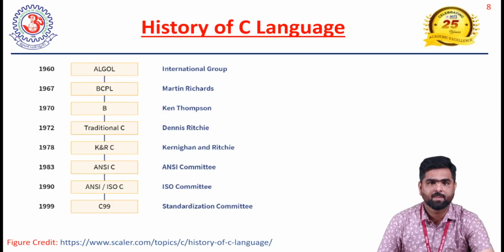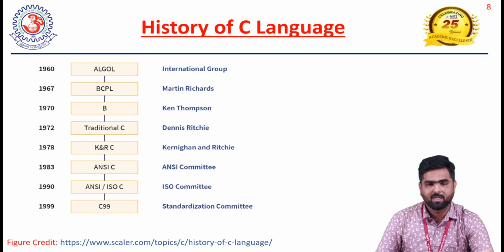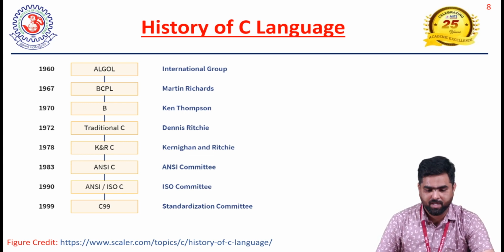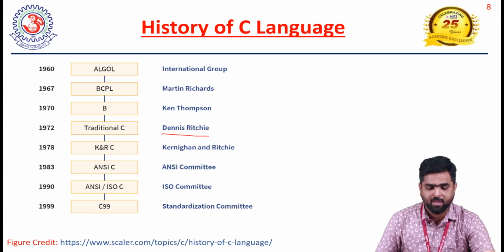Now we will discuss the history of C language. Here this C language was introduced by Dennis Ritchie in the year 1972 at Bell Labs. This C language was developed from three languages: Algol, BCPL, and B language.